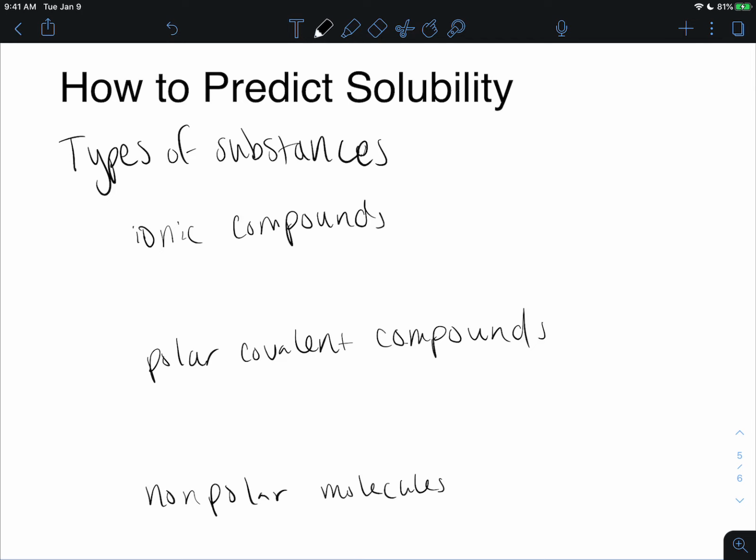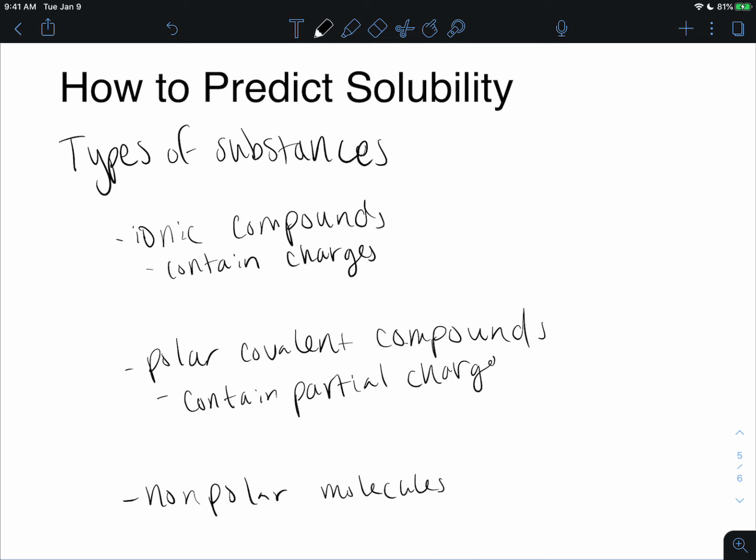Ionic compounds, these are going to contain charges. Polar compounds contain partial charges. And nonpolar compounds contain no charges, so just no charges.